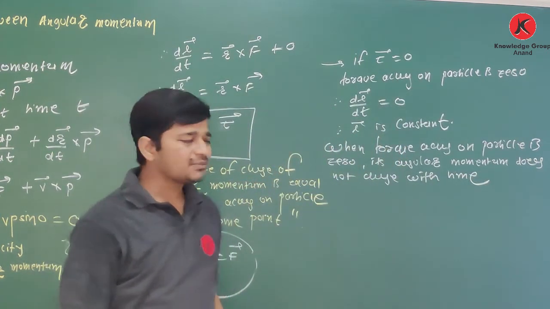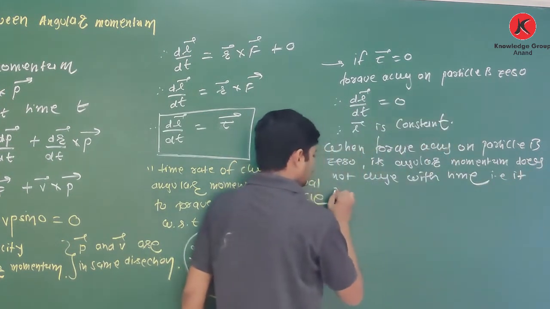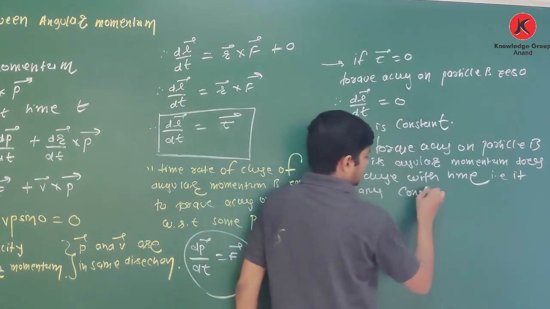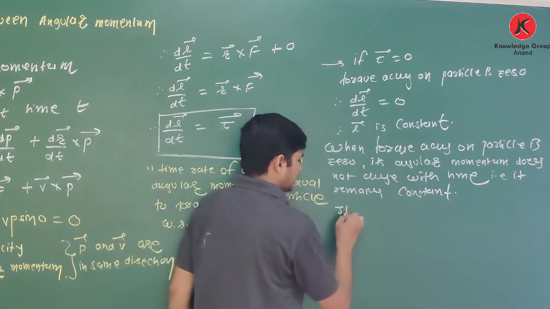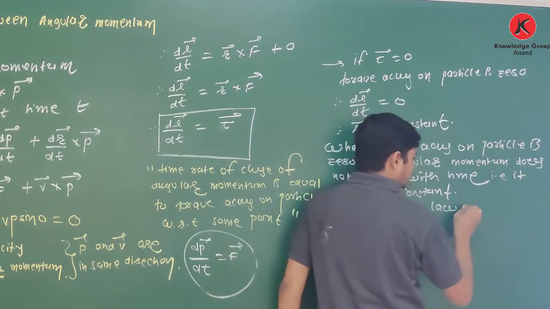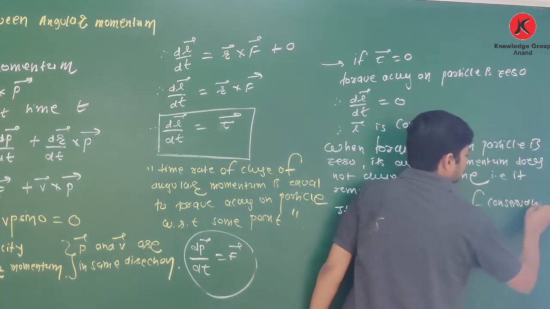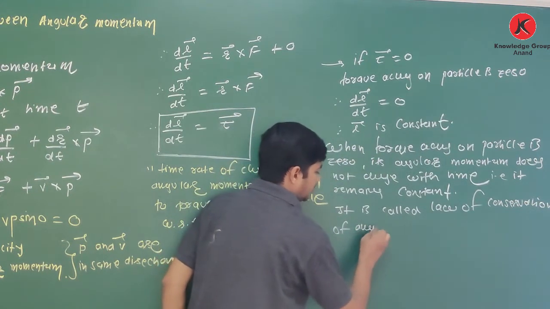Clear? Means it remains constant. And it is called law of conservation of angular momentum.